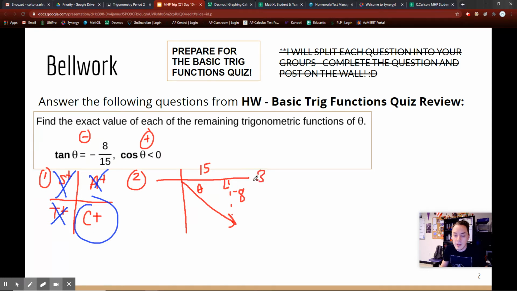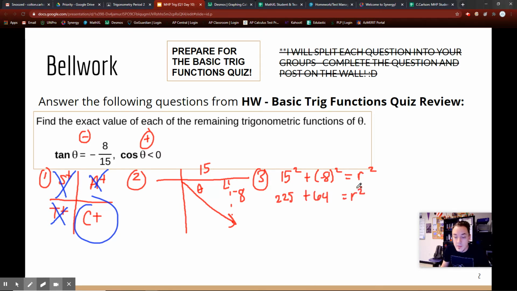And so now my third step is Pythagorean theorem. So this is going to be 15 squared, plus negative 8 squared equals c squared. If you want to change that c to r, like what I will, that's fine. It doesn't matter. This is going to be 225, plus 64, which equals r squared.